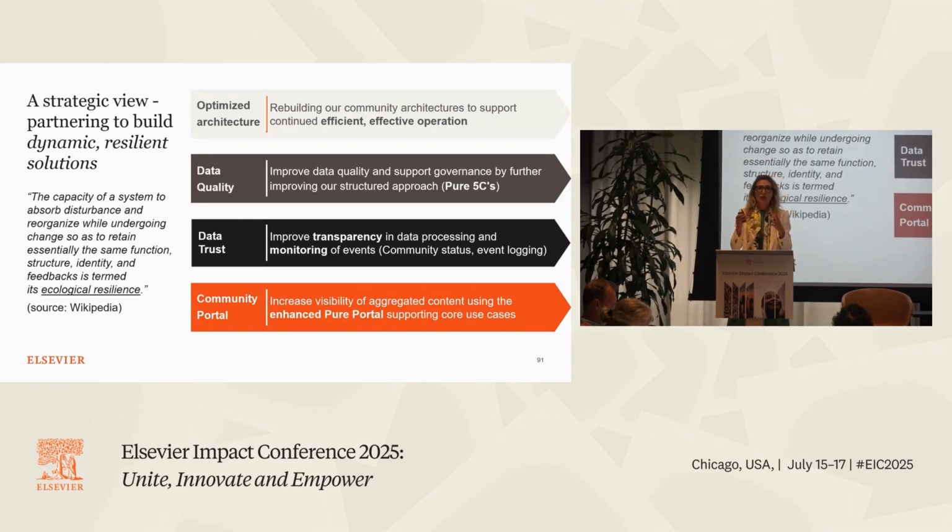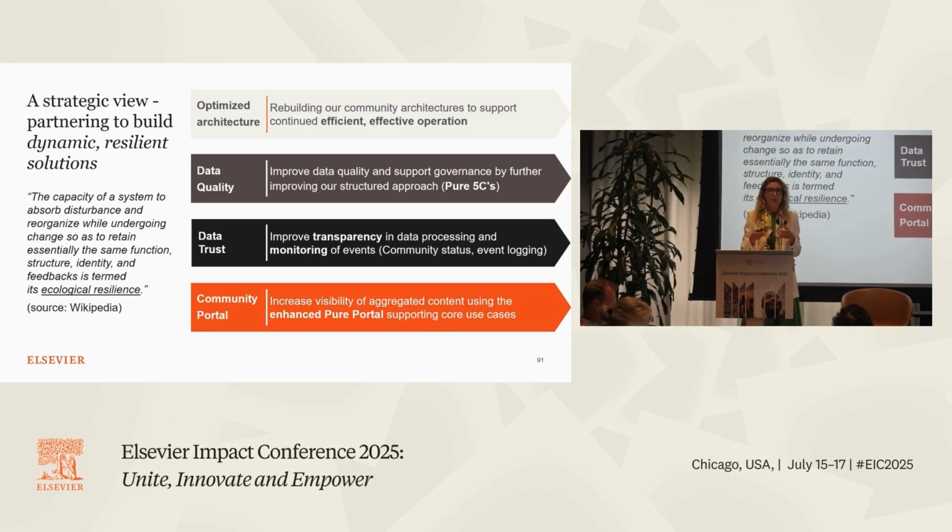So we took all these experiences, and this is what really informs us when we are developing our strategy and our roadmap. We are constantly looking at optimizing community architectures. We are processing enormous amounts of data.